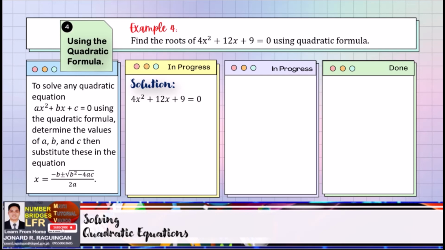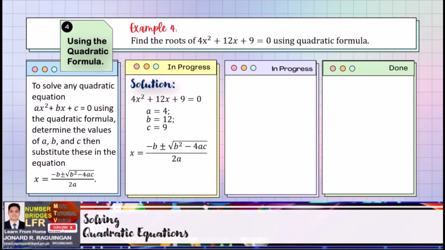The values of the variable a, b, and c here are as follows. a is equal to 4, b is equal to 12, and c is equal to 9. Then use the quadratic formula in computing the roots of the quadratic equation, which is x is equal to negative b plus minus the square root of b squared minus 4ac all over 2a.